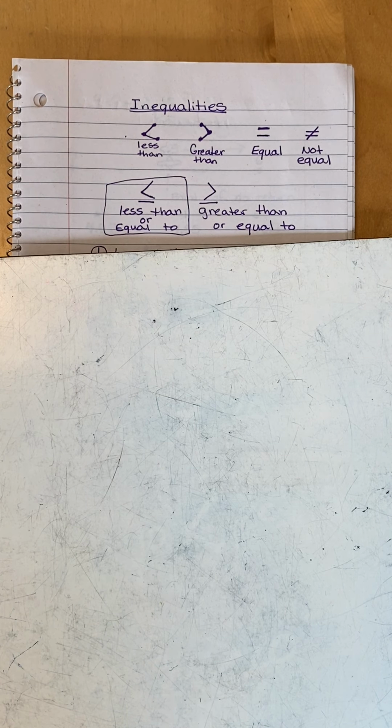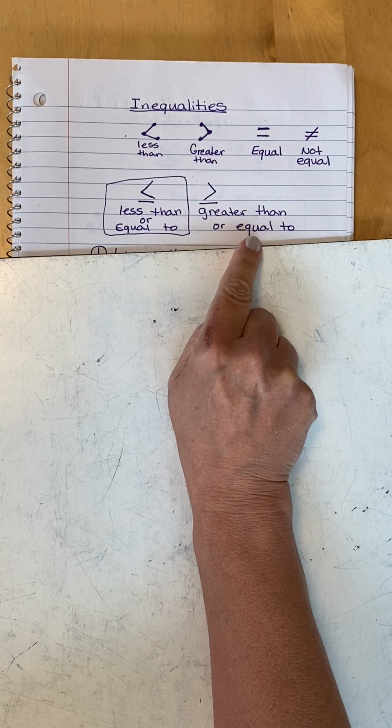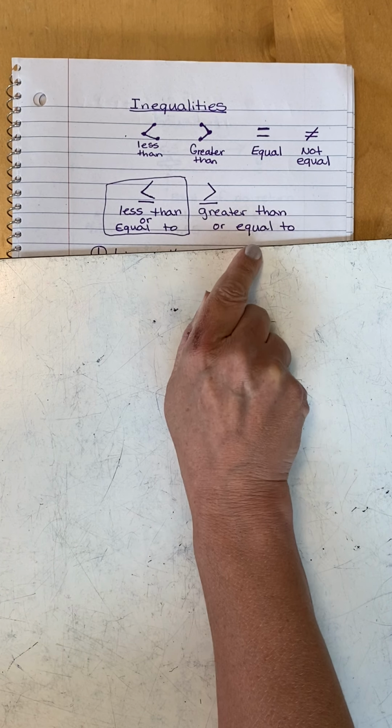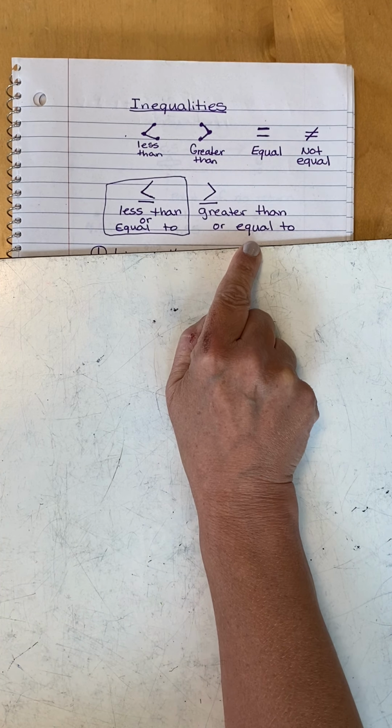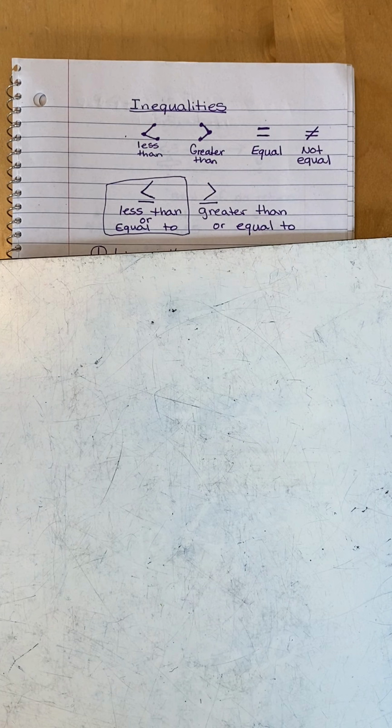You might have thought something like, if I'm going to go to the store to buy a video game that costs $10 with tax, then I need to have either $10 or more. So $10 or greater in my wallet to buy that video game. So there's just one example.